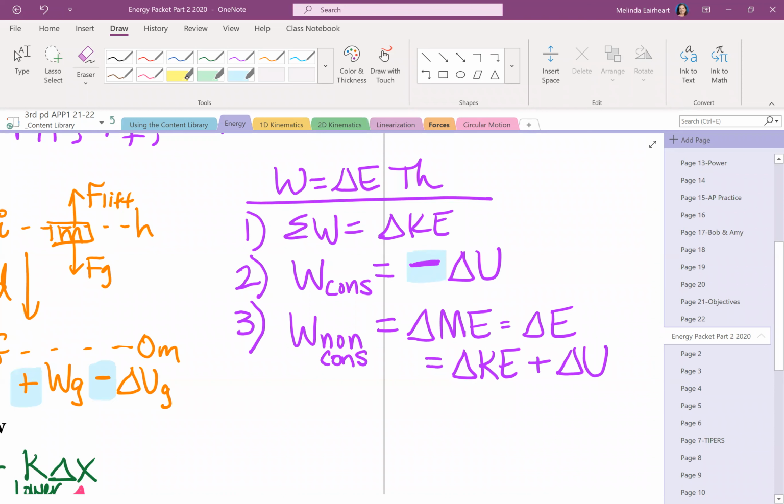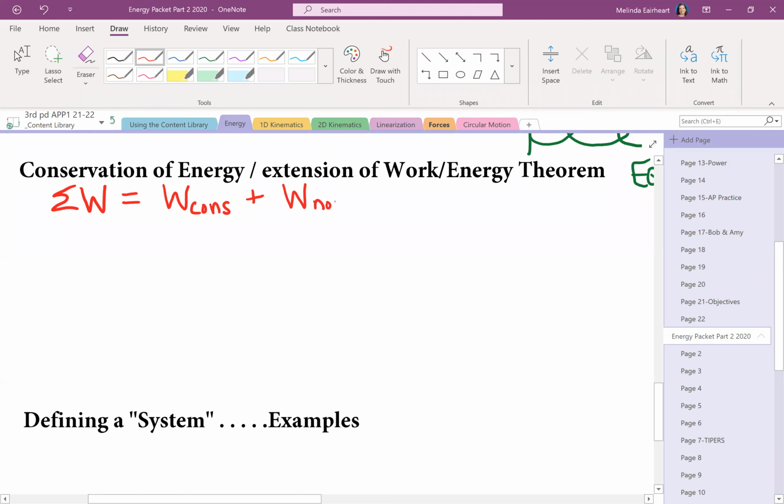Well, the spirit of what we've been doing today is to categorize it as conservative and non-conservative. And so what if we say net work is all the work done by conservative forces, gravity, spring, and then all the work of non-conservative forces. So we're kind of categorizing. So this is a true statement. Net work, sum up all the works.